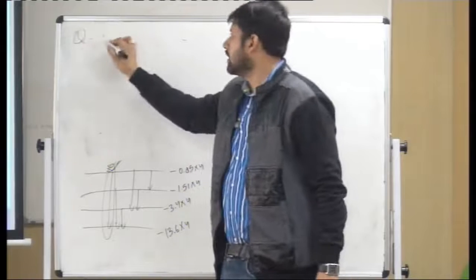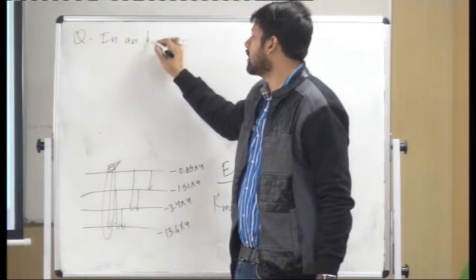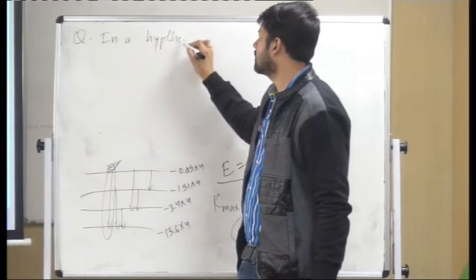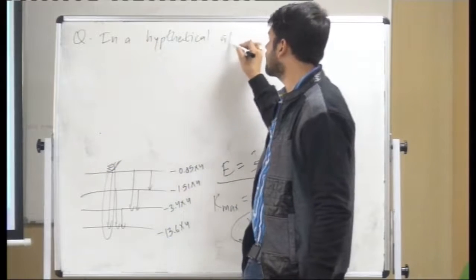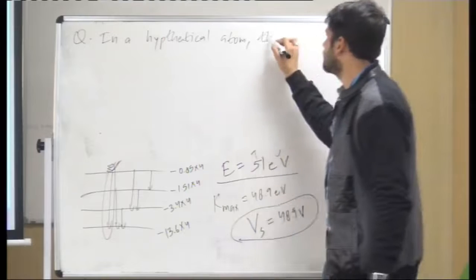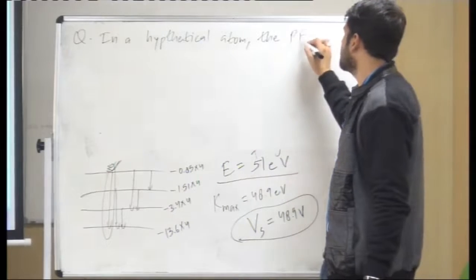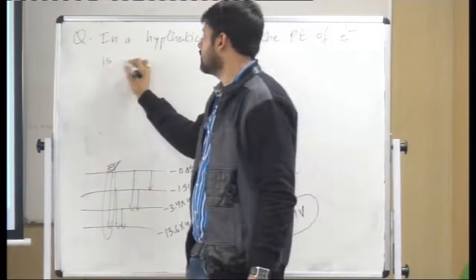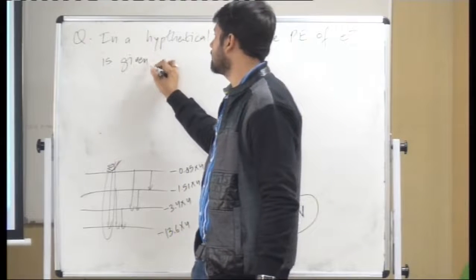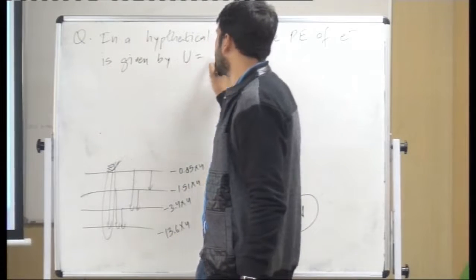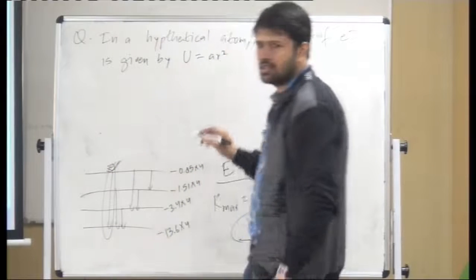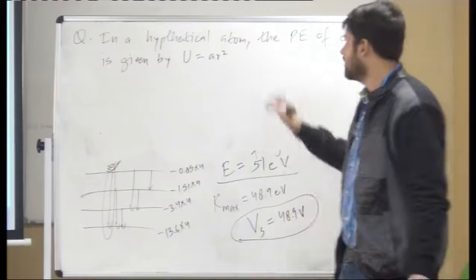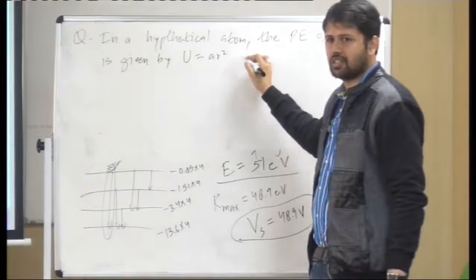So in a hypothetical atom, the potential energy of electron is given by U is equal to AR square. Right? Shocked? Huh? U is equal to AR square.